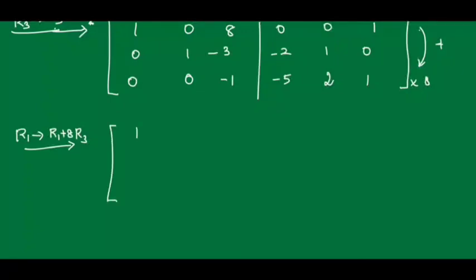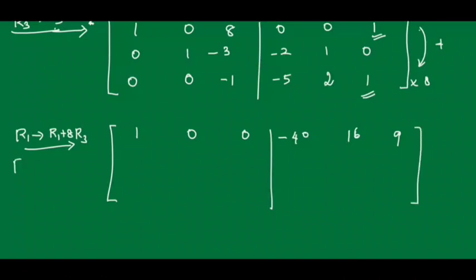The first two elements, 1 plus 0 is 1, 0. The next element 8 minus 8 gives us 0. The next element 0 minus 5 into 8 gives us minus 40. Next element is 16. Next element 1 plus 8 gives us 9.